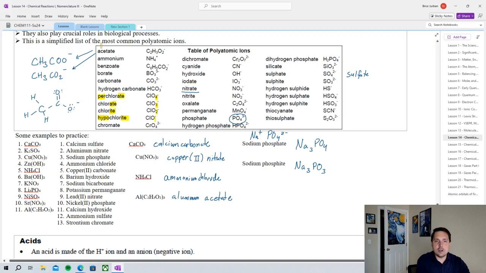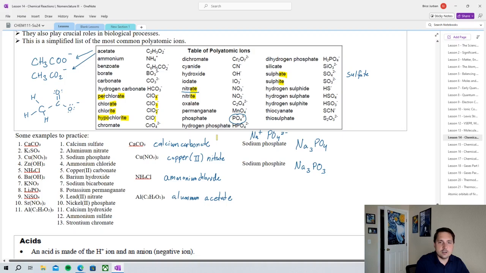So you'll see that trend here for actually all of them that have a variety of different forms. So that is one way to predict what the polyatomic might be if you didn't know. But again, you can just look a lot of these up.